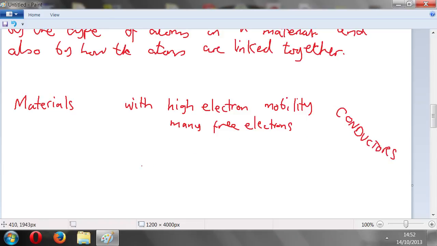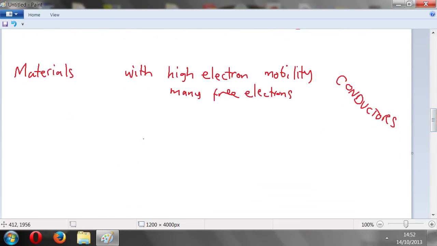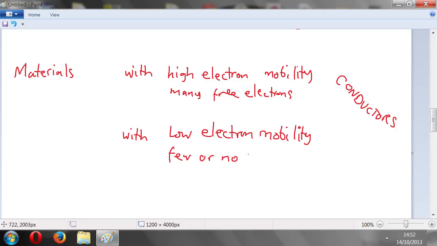Materials with low electron mobility, so few or no free electrons, these are known as insulators.